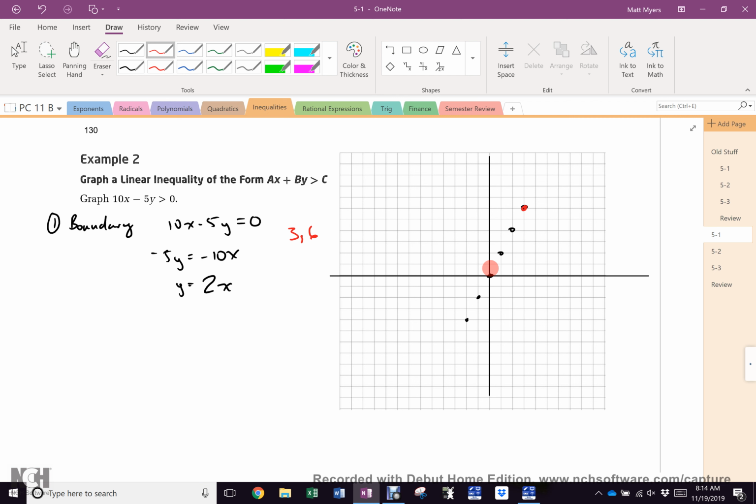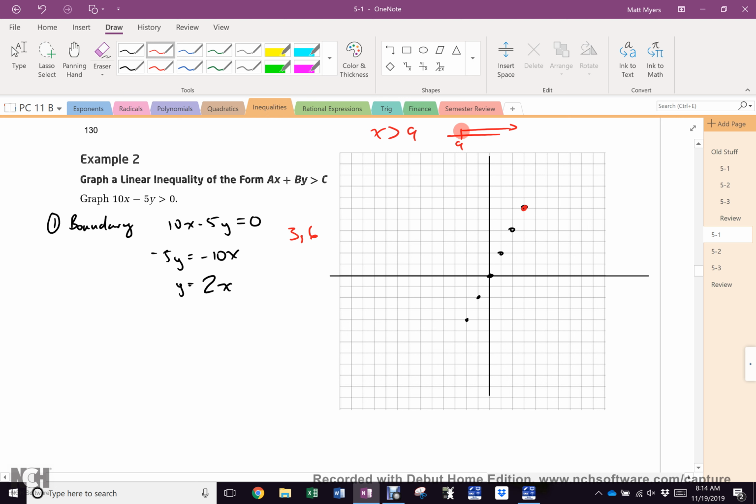Like, for example, is there a chance 2.99, 5.99 is okay? Yeah. But 3, 6 is not okay, correct? Just like when we had one variable, greater than 9, we can approach 9, but can we hit 9?